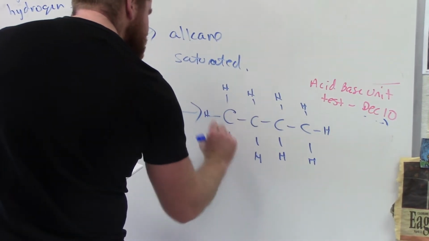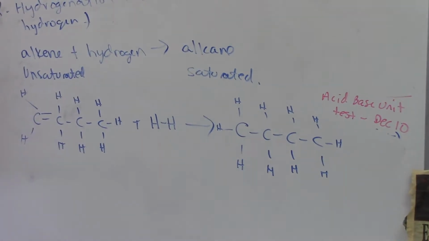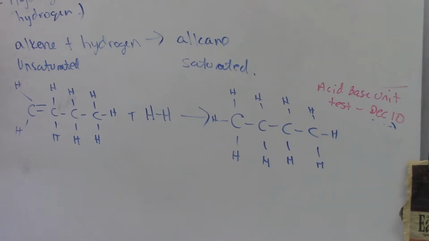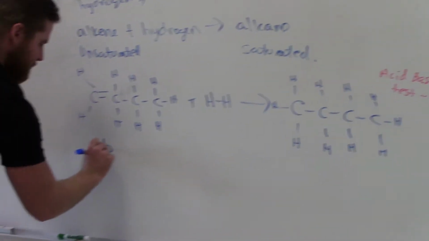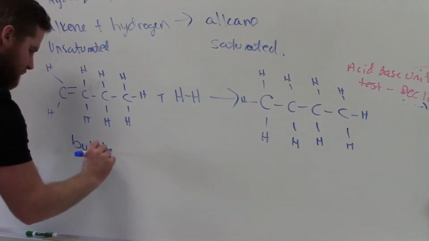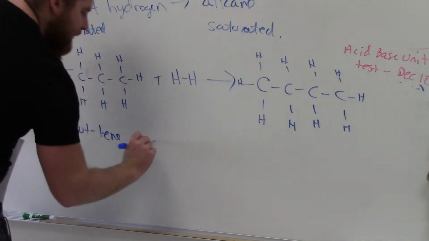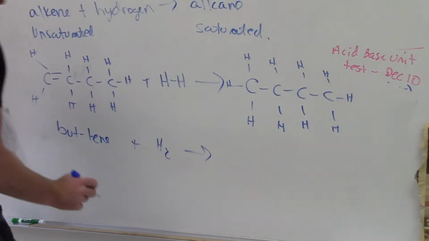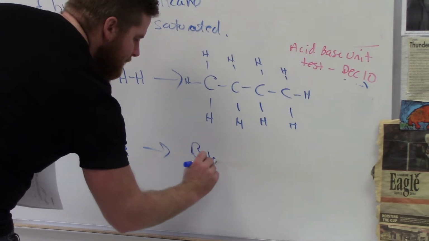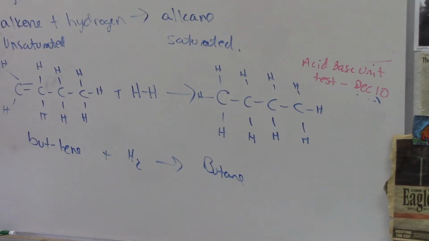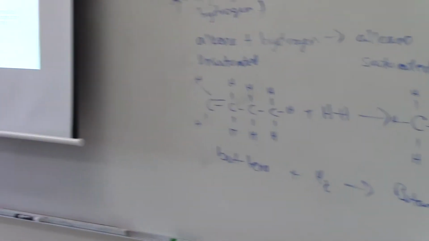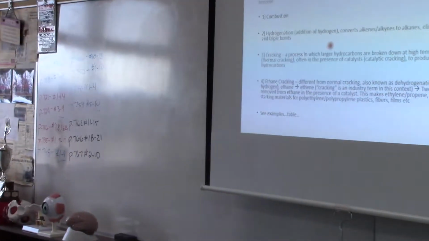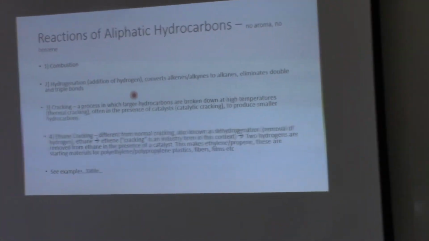All right, so here's an example of hydrogenation, where we take butene, or but-1-ene, add H2, and turn it into butane. I'm going to talk about this a bit more in a few more slides.